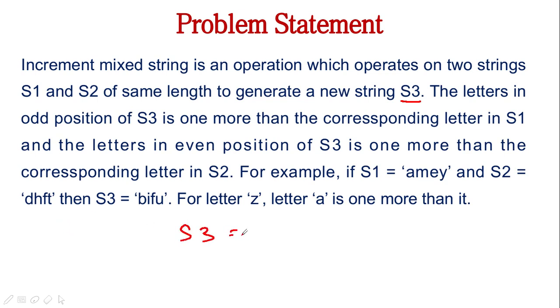The first character should come from string S1 and be one more than that, so instead of A you will put B. The second character should come from the second string, so instead of H you will put I. The third is an odd position, so it should be taken from the first string: E becomes F. The fourth character should be from the second string: T becomes U.